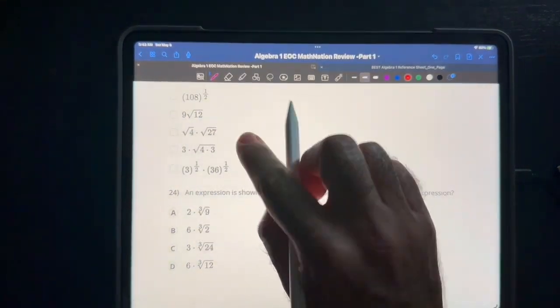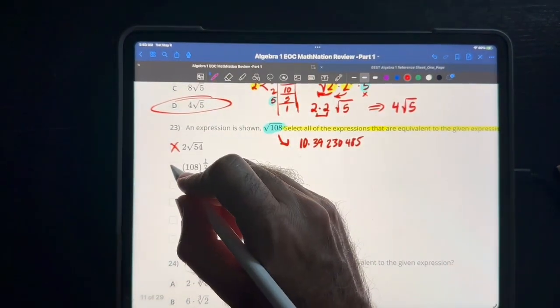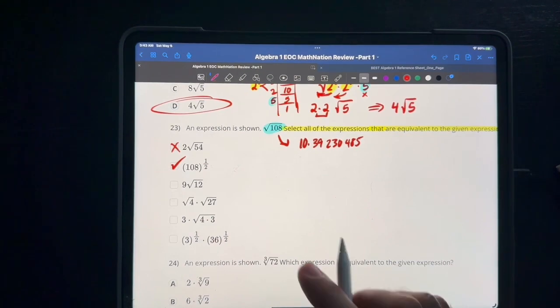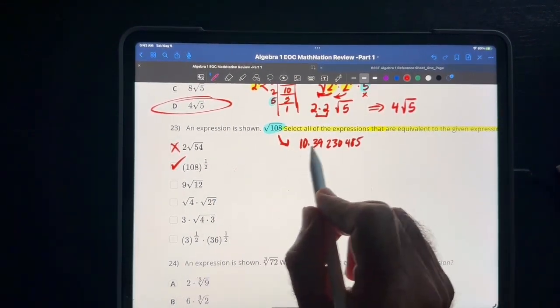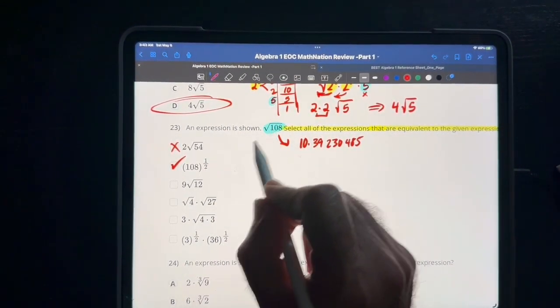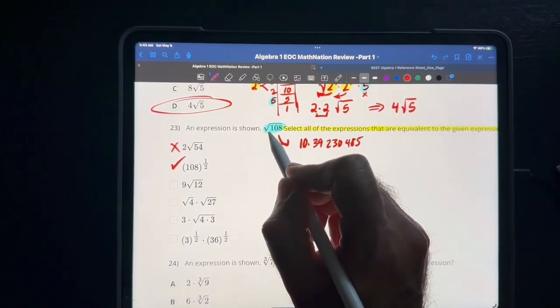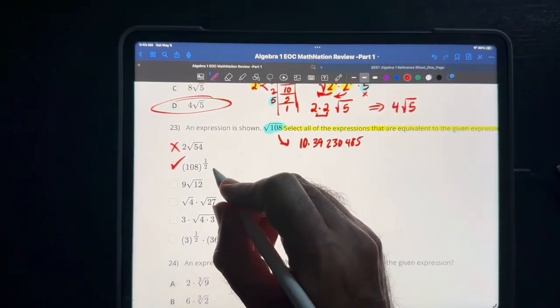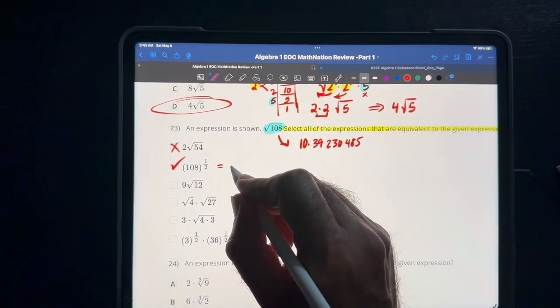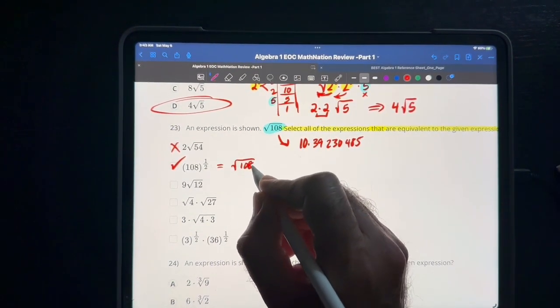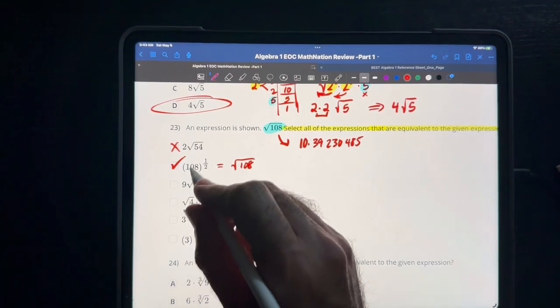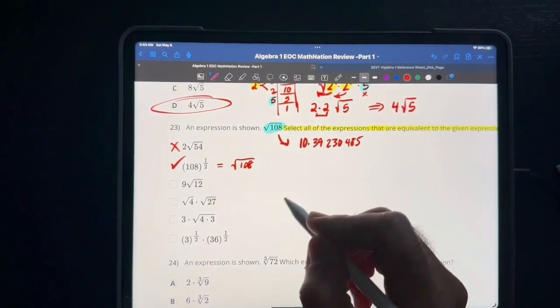So you would be checking off this guy. Good, because we got the same decimal as we got from this. So these are equivalent. 1/2 power, guys, means square root. Okay, so that's another thing. This means the same thing as the square root of 108. Okay, but I'm just doing this calculator thing in case you guys forget that.